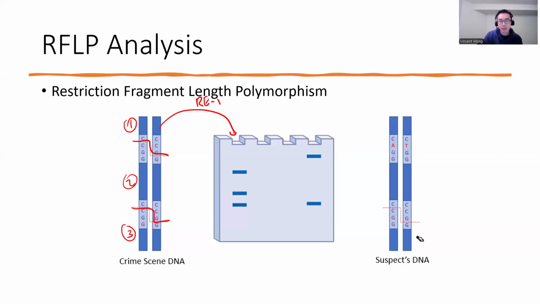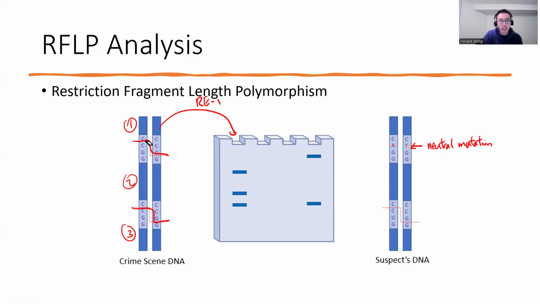Now, this is someone else's DNA, a suspect's DNA, but this person happens to have, let's say, a neutral mutation. The mutation has no effect on the proteins, but it changes the recognition site.